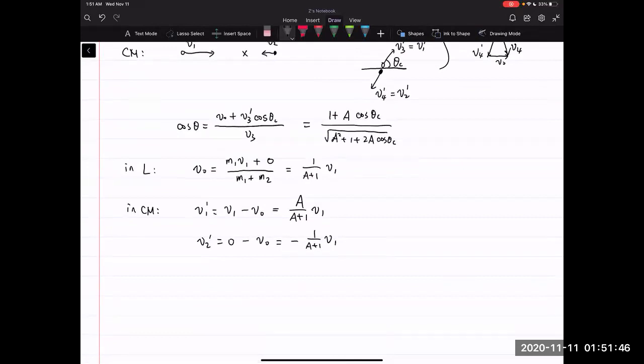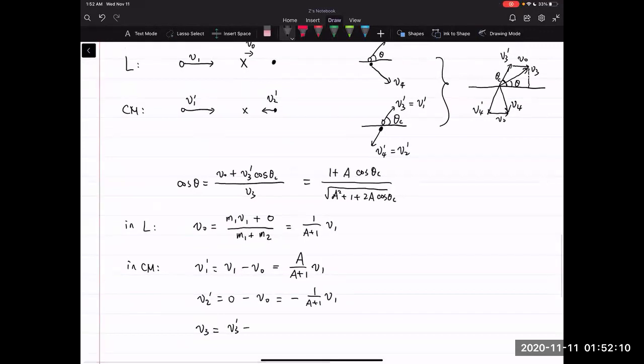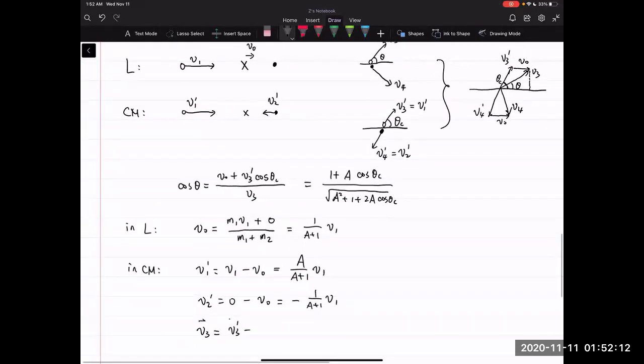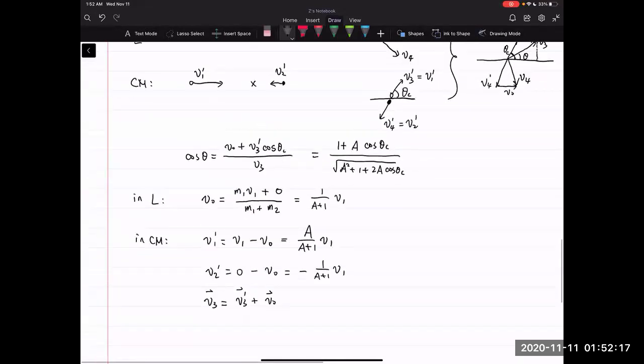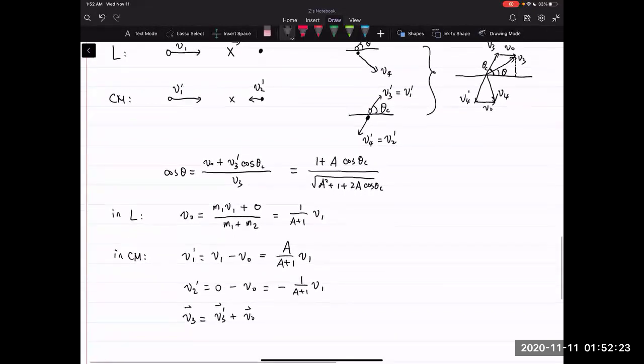So just quickly, why is that? Because what is V3? Looking at the figure drawn above, V3 is the vector V3 prime plus V naught, because the scattered velocities are not along the z direction anymore.